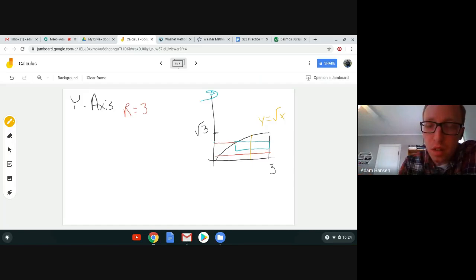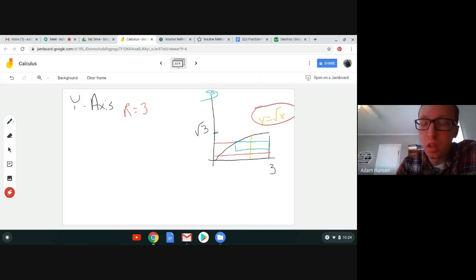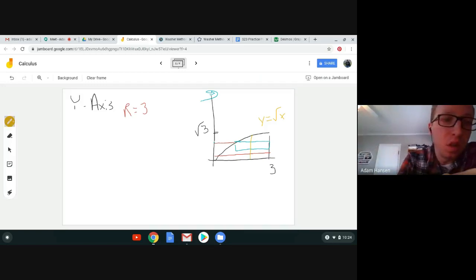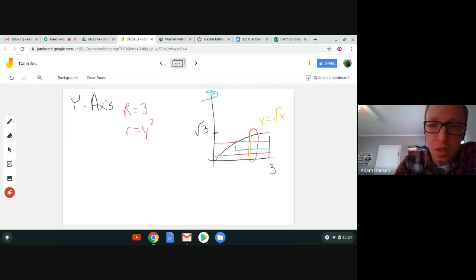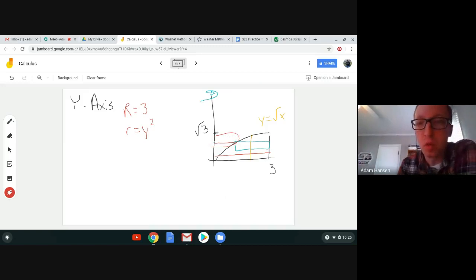But what about the distance from the region over to the y-axis, to the left? We need to put it in terms of y and solve it for x. So if y equals the square root of x, that means that x equals y squared. This distance is x equals y squared, solving for the other variable.